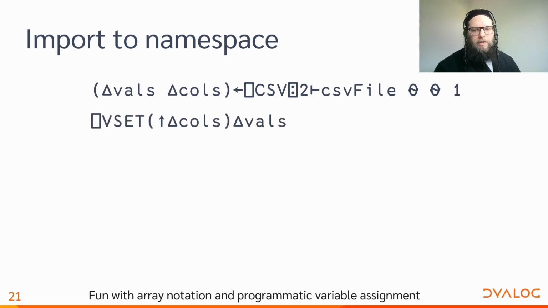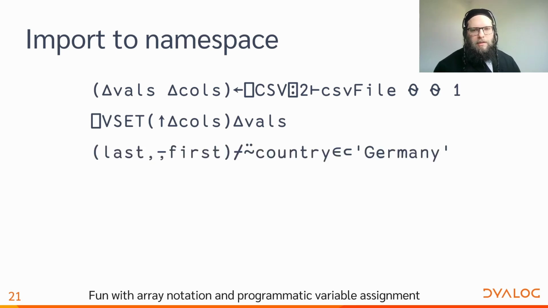And now we can use quad VSET. We got delta cols, which is the names of the columns inside this table. So we make that into a matrix to tell quad VSET that this is a list of names. And then we give it the values for each one. So it's a list of values. So once that's been set, now we can make our query much neater than before.